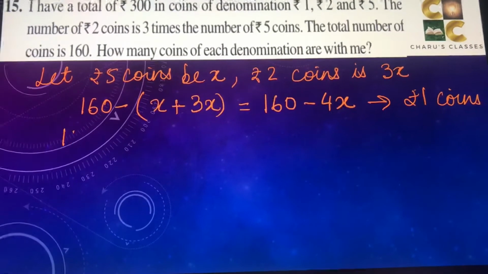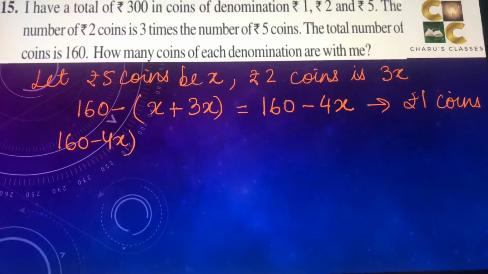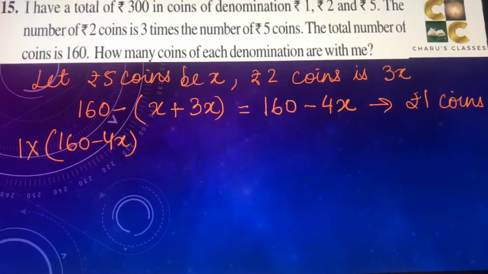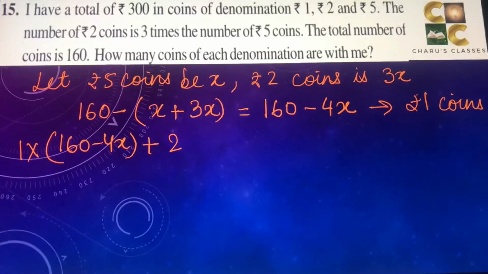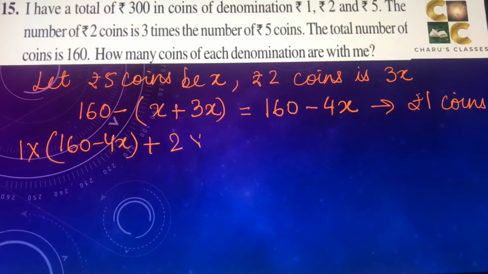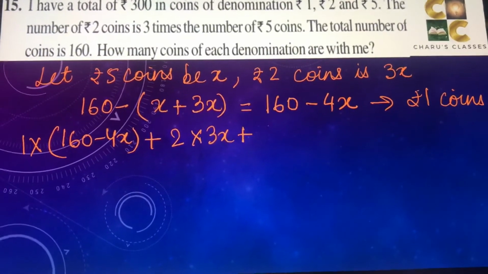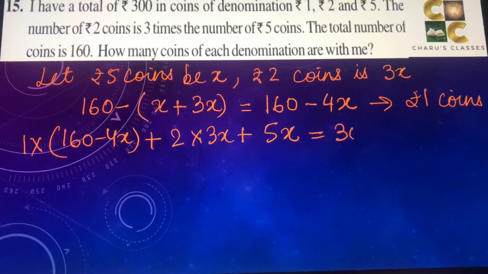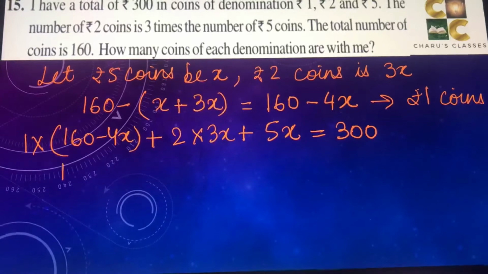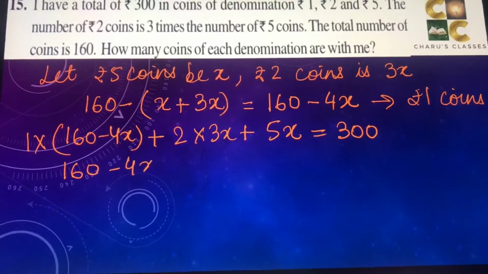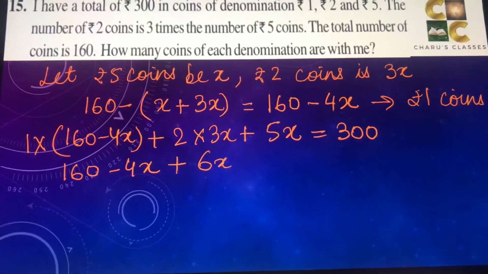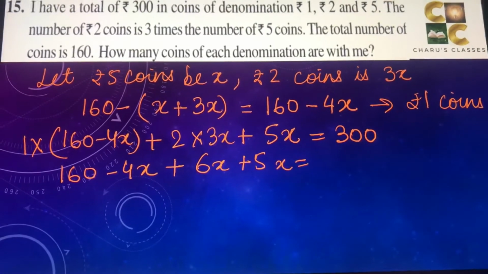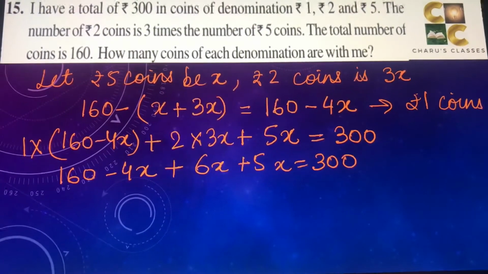So 1 rupee coins which are 160 minus 4x will multiply with 1 plus 2 rupee coins हमारे पास 3x है, so 2 into 3x, and 5 rupee coins हमारे पास x है, and this total is equal to rupees 300. So 160 minus 4x plus 6x plus 5x is equal to 300.